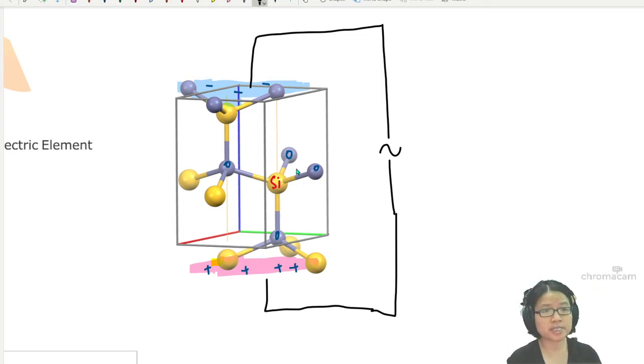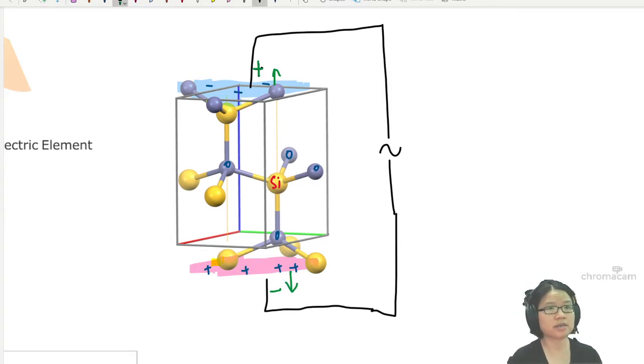So let's say when this is positive and this is negative, the crystal will be compressed. No, wait, it will be stretched, sorry, because the positive is attracted. The positive polarity is attracting the negative phase. And down here, the negative polarity is attracting the positive phase.